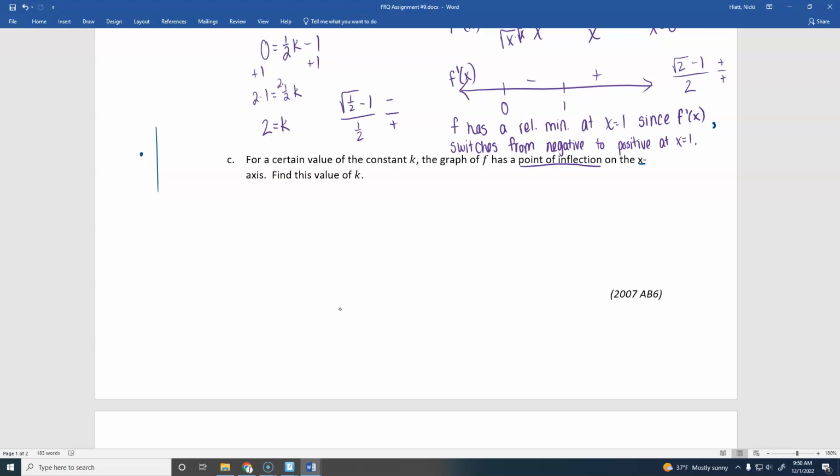And for the second derivative to change, it has to be equal to 0, or undefined, because our second derivative can't change signs without either being 0 or undefined at that point. Okay? What does it tell us that something is on the x-axis?